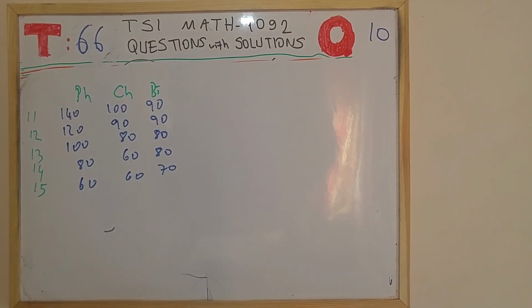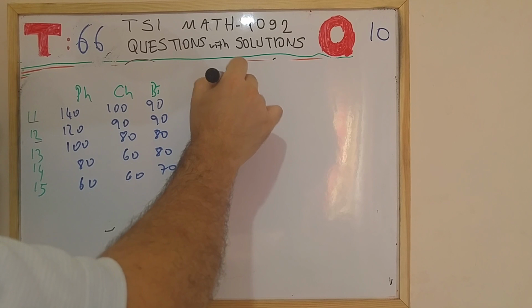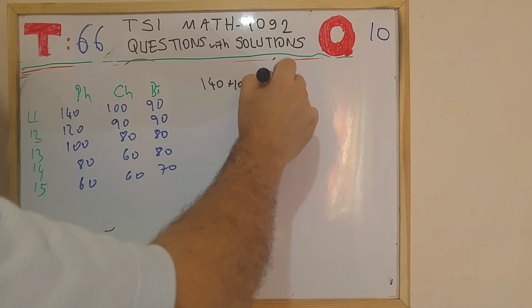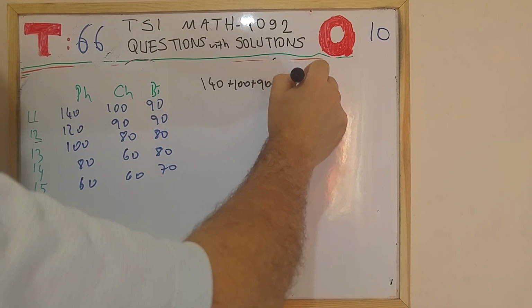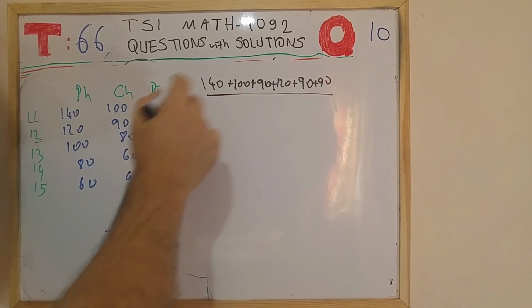Calculate that average in 2011 and 12. The total number of books purchased were 140 plus 100 plus 90 plus 120 plus 90 plus 90, divided by 6, as there are 6 elements.